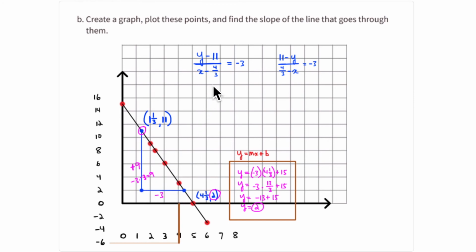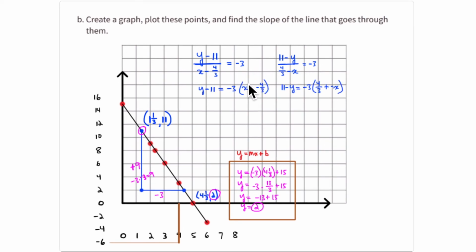And in either case, that ratio, the length along the y-axis divided by the length along the x-axis, is going to be negative 3. So if you work through this, y minus 11 over x minus 4/3 equals negative 3. That length along the y-axis is a negative 3 times the length along the x-axis. And likewise over here, this is the length along the y-axis. It is a negative 3 times the length along the x-axis.